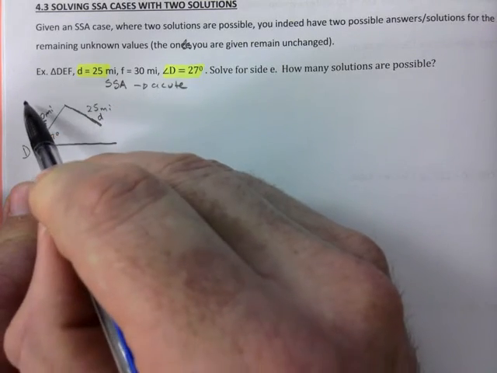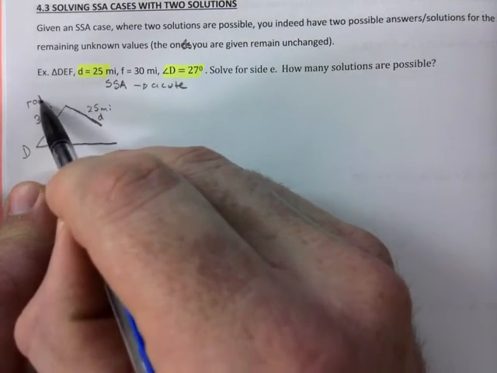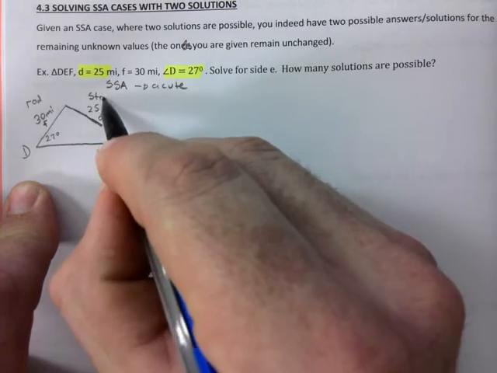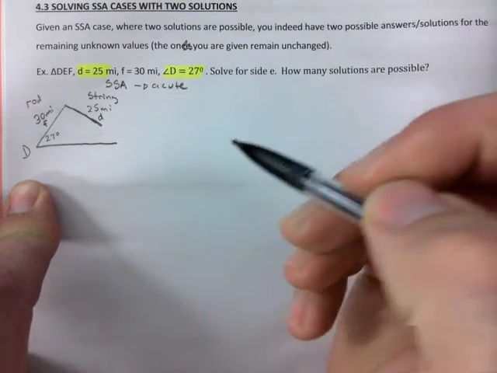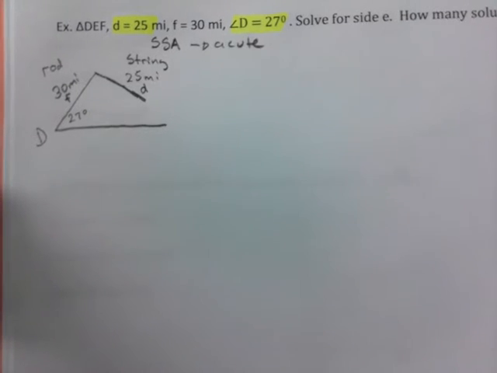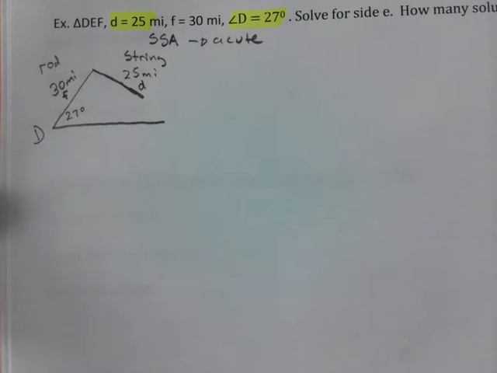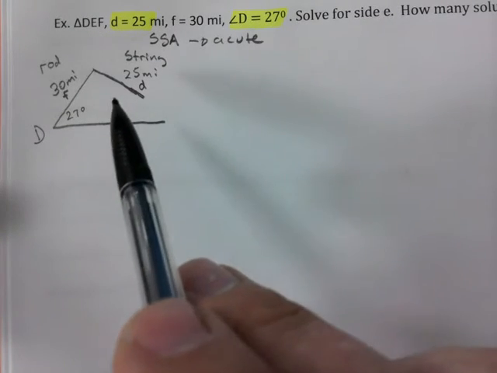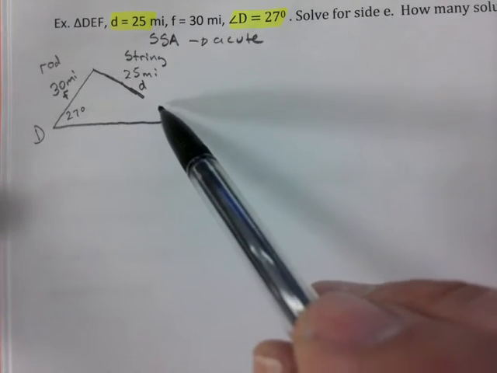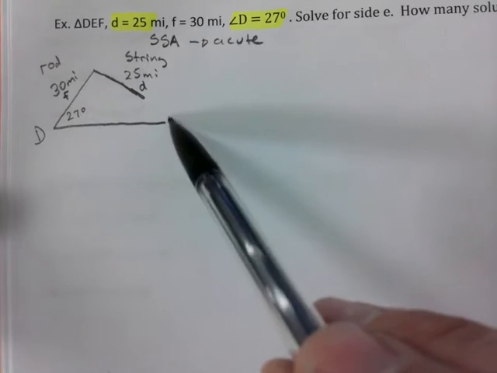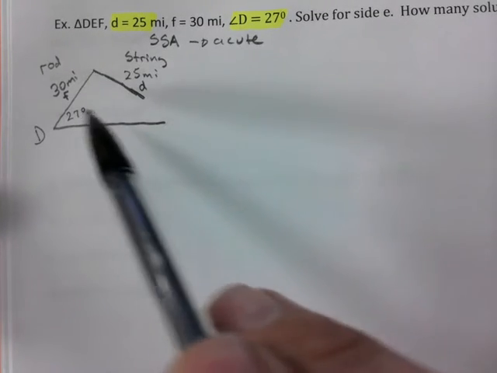And to make matters worse, we still always talk rod and string. Okay, let me zoom into that for a bit so your eyes won't have to work that hard. There. So angle D, over here where my pencil is, that is, if we determine that there's a triangle, going to be angle F, right?